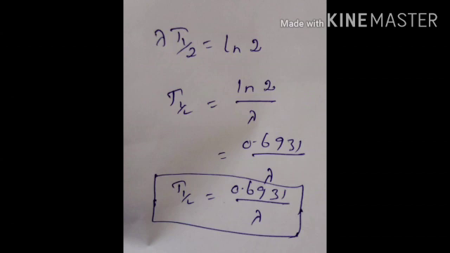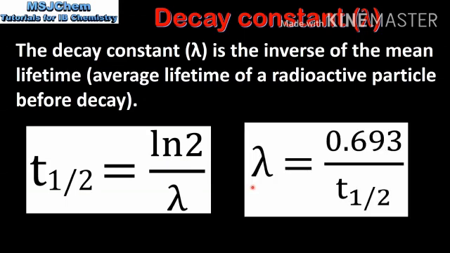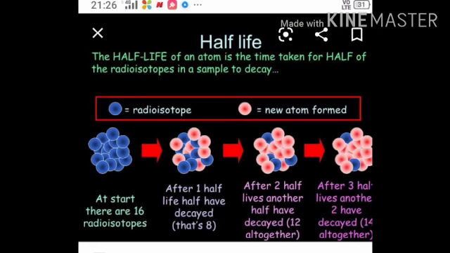So t half is equal to 0.6931 by lambda. So half-life t half is equal to ln 2 by lambda. This is in terms of decay constant. So decay constant lambda is equal to 0.6931 by t half. This is the relationship between the half-life and decay constant.